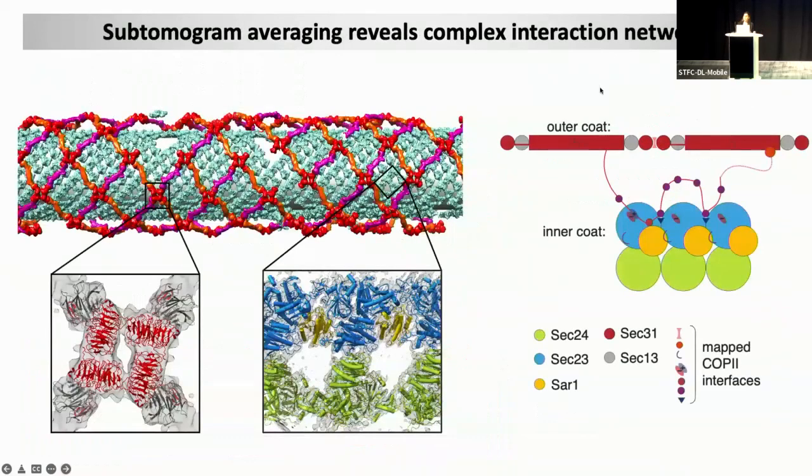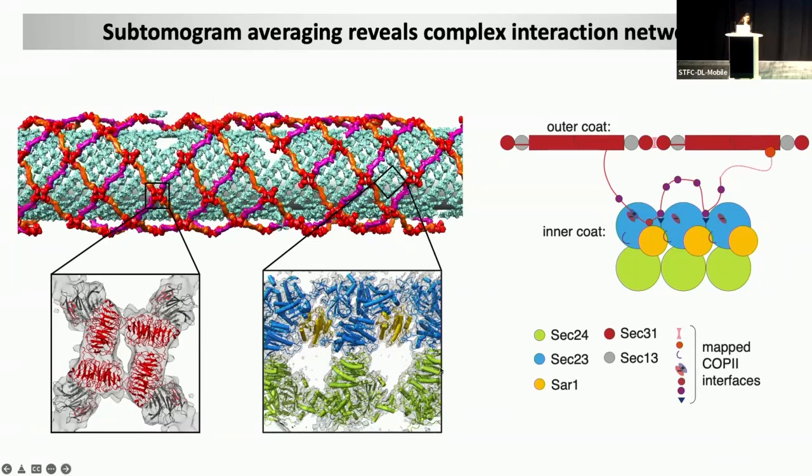This is data that we've published, and basically we have the structure of the inner coat here in green, blue, and yellow. This is somewhere between 4.5 and 5 angstrom resolution with crystal structures fitted in it. And then the structure of the outer coat is somewhere between 11 and 15 angstrom. Resolution is quite variable. And then we have both structures mapped back onto one of the tubes that we used.